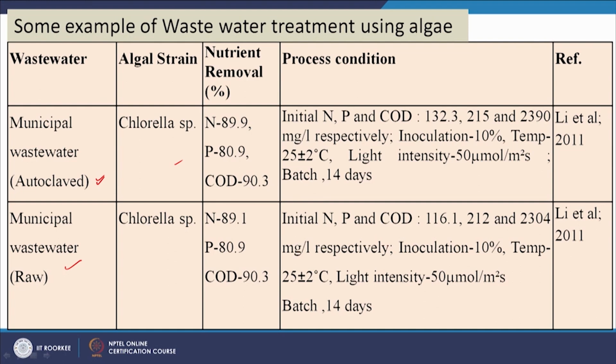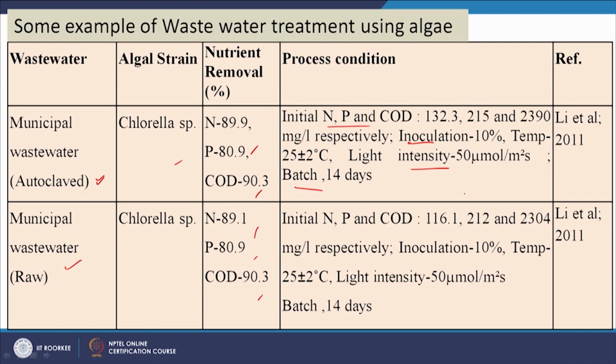The investigations have been carried out for nitrogen removal, phosphorus removal and COD removal, and different conditions have been used, that is initial N, P and COD concentration as given here, light intensity and batch days, and the percentage of inoculation is also given.